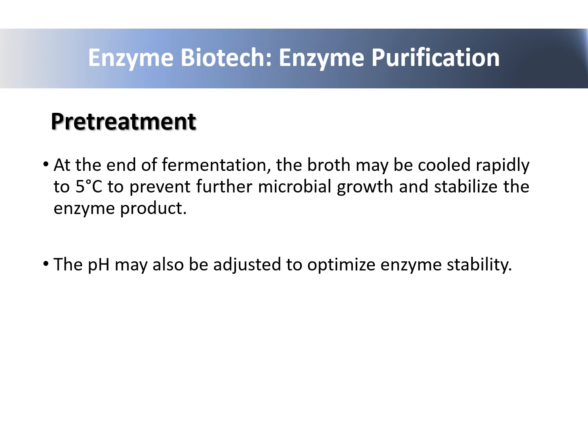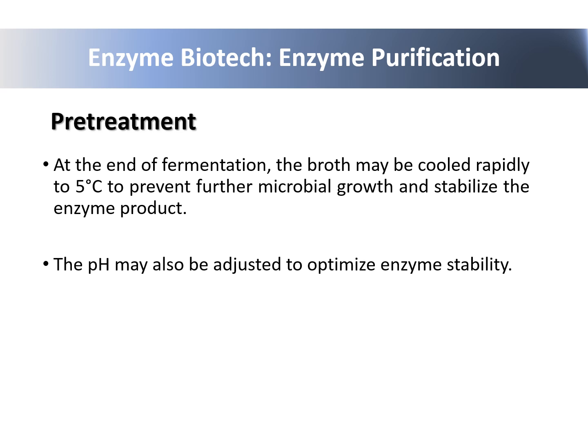This is to prevent any further microbial growth and also to stabilize the enzyme product. Hence you see most molecular biologists and biochemists working on ice in most cases, just to make sure that everything is cooled down and the temperature is kept down.